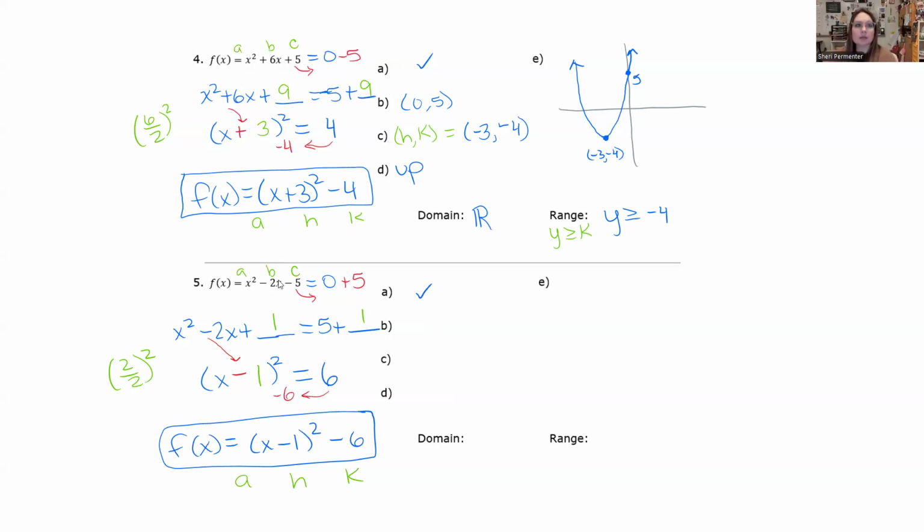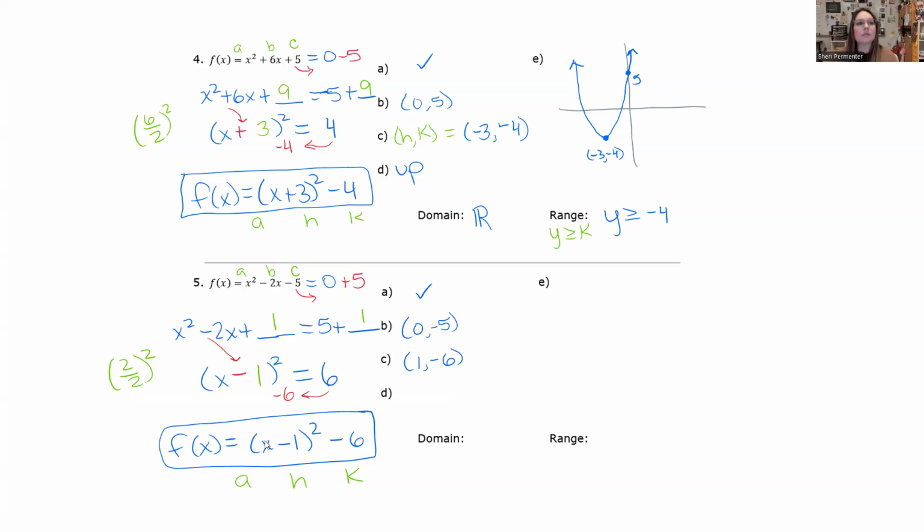What is my y-intercept? -5. So you have to take into account this sign. So 0, -5. C. C is my vertex. What's my vertex? It's always opposite H, K. 1, -6.